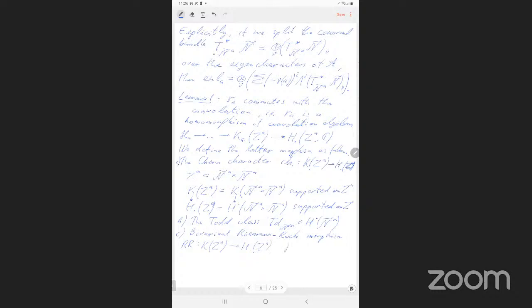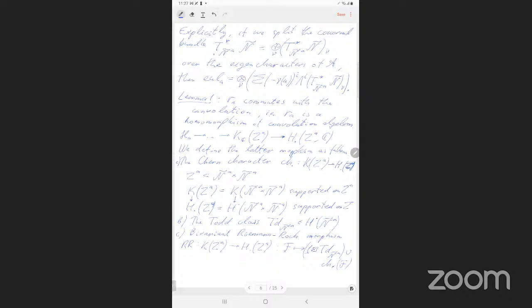And here the coherent sheaf F goes to 1 along the first factor, and then the Todd class along the second factor. Okay, and you just cap it with the Chern character of F.